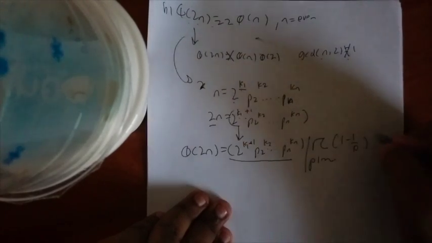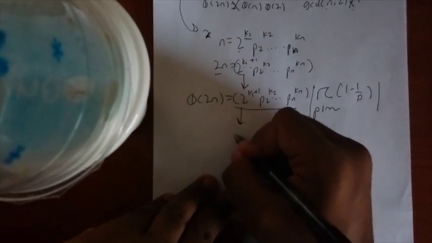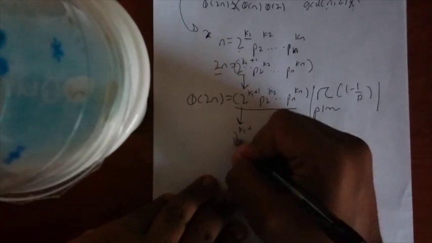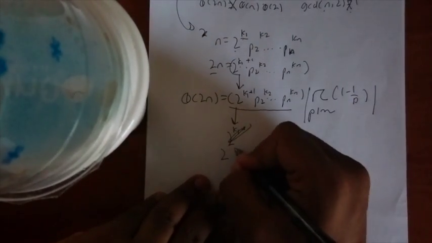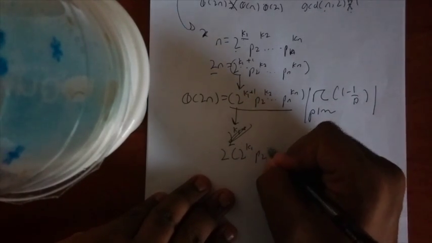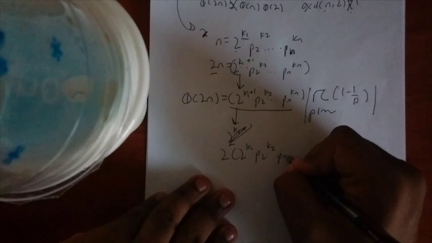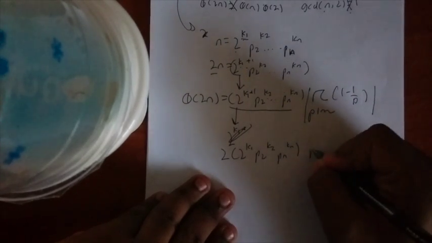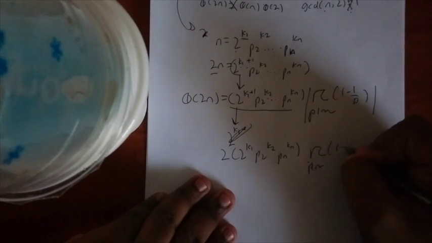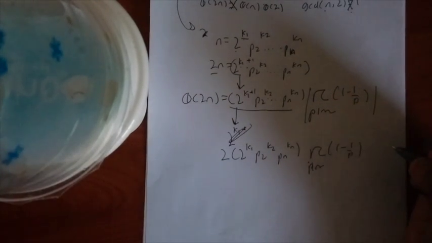So let's rewrite this product. We have 2 to the k1 plus 1. Instead of writing that, I'm going to take out a 2, so 2 times 2 to the k1, p2 to the k2, through p_n to the k_n. I'm still having the product here, right? So p dividing that squiggle here, 1 minus 1 over p.